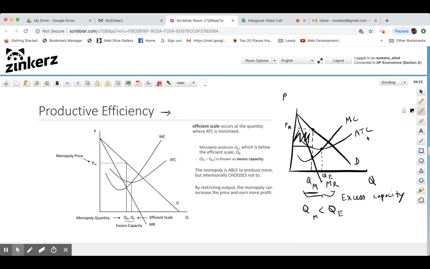But if they were to produce at the minimum of average total cost, they would earn less profit, because they would be producing at the minimum of their average total cost, and they have to produce more. Okay. So by restricting output, they can essentially increase their price and earn more economic profit. And so they're not allocatively efficient. They're not productively efficient either.